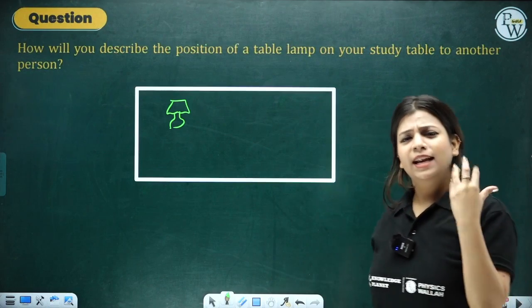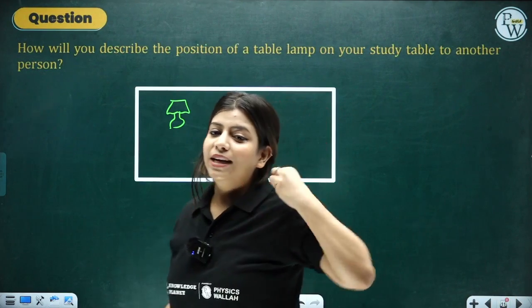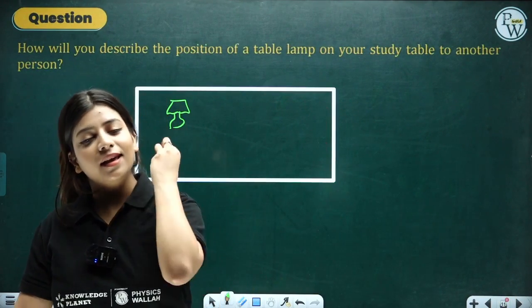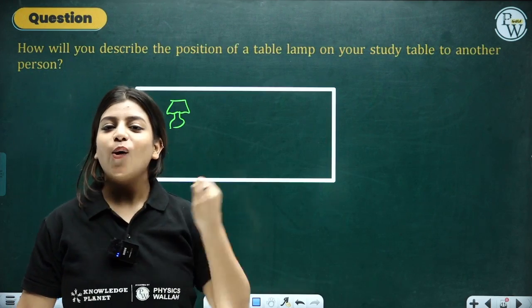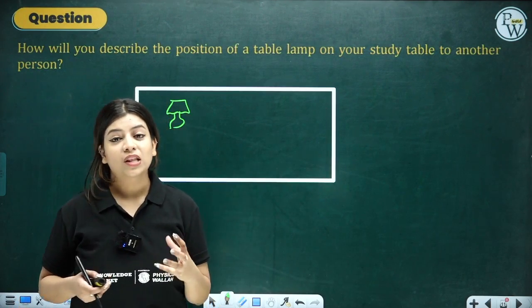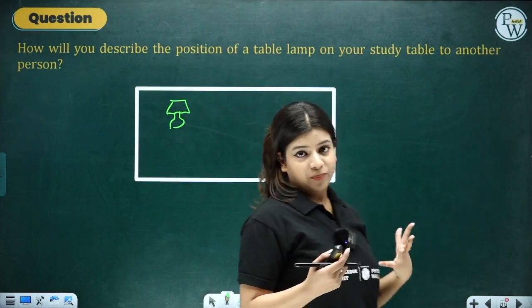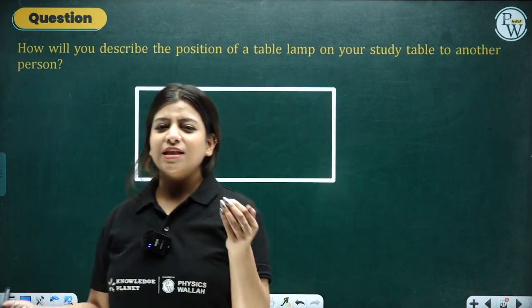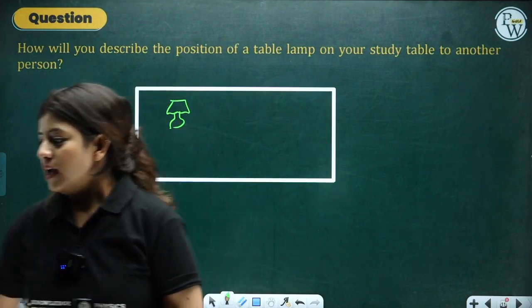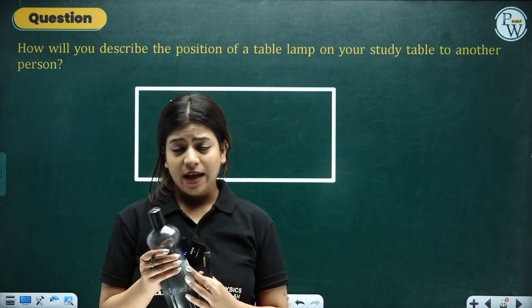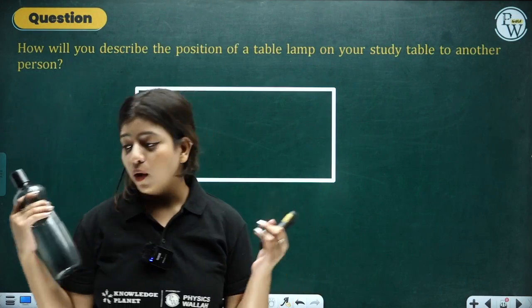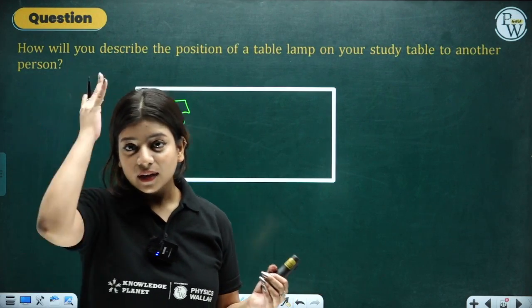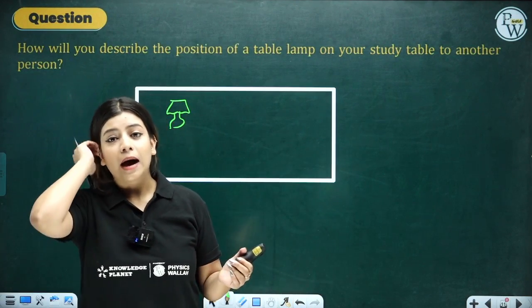But again, telling it to someone, it will be quite difficult for that person to understand the exact location. So that is why coordinate geometry is important, students, so that you can locate any point very easily. And for the other person also, there has to be a standard way of saying it, right? If this is known as a bottle, and I say to someone that I need a bottle, he should understand it with the picture and the word what I'm asking for.